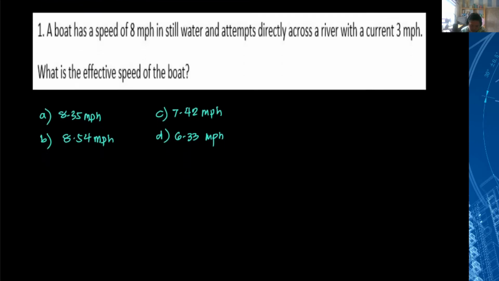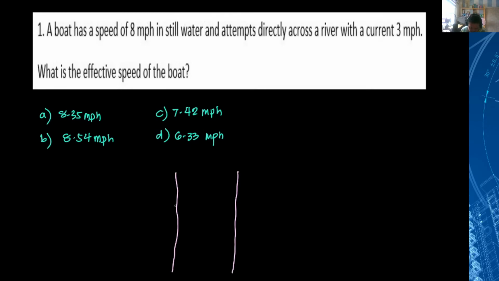So let's draw first. If we have this river, and the boat will go across this river, and if there's no current, the boat will run at 8 miles per hour. He wishes to get across the river, but the river has a current of 3 miles per hour.